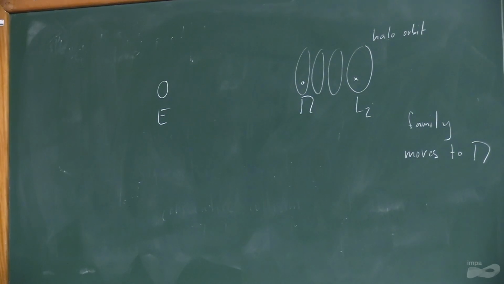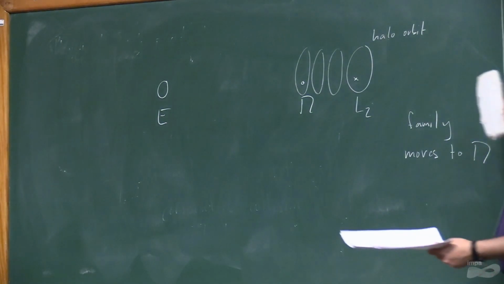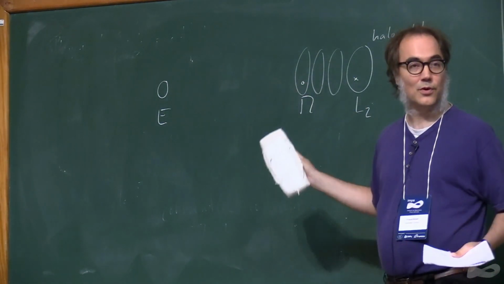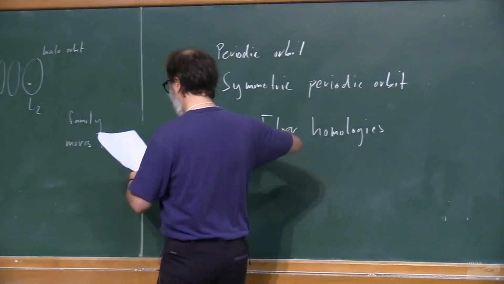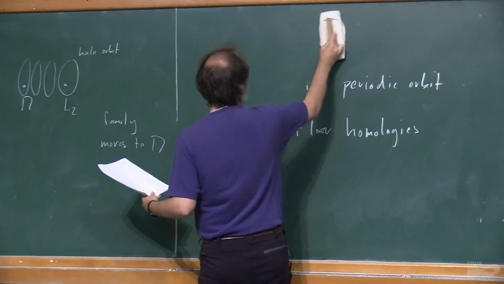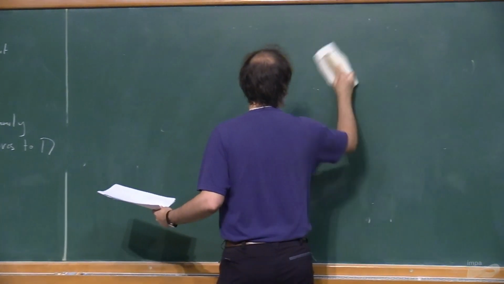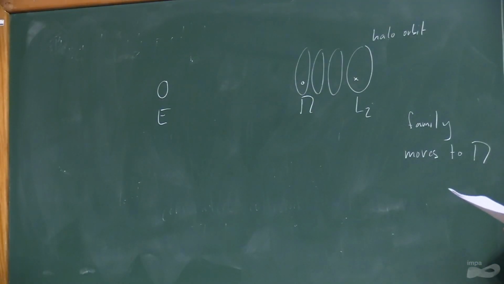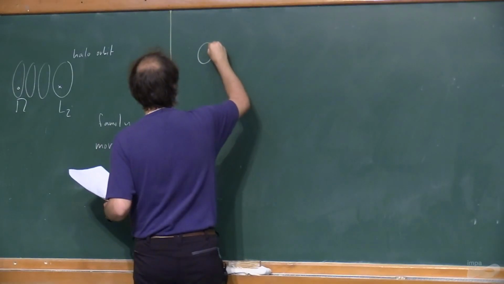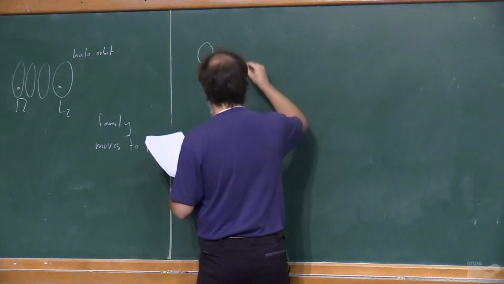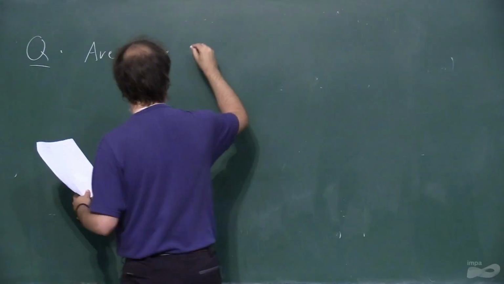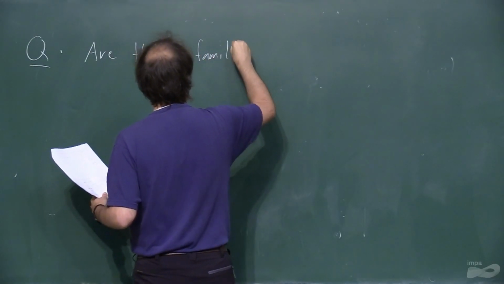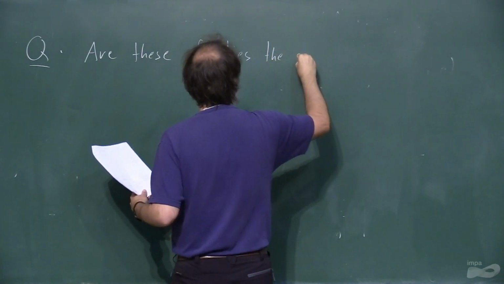What can one say in this region about families of orbits? What kind of theoretical tools do we have, also from symplectic topology? So the question: are these families the same?